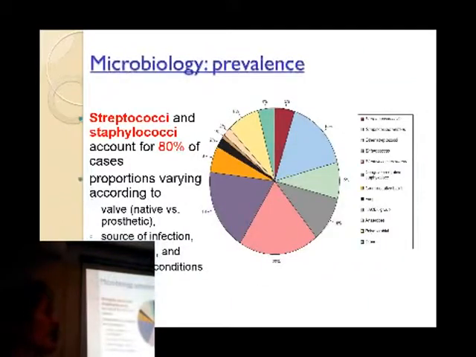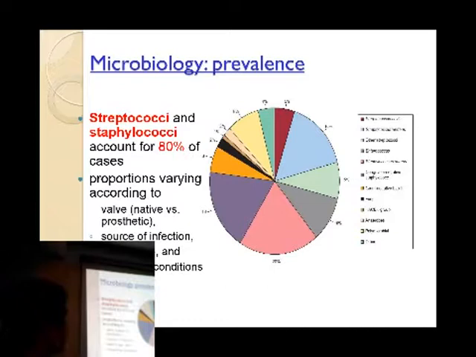Now let's look at microbiological prevalence. Overall, of the organisms which cause infective endocarditis, if you put together streptococci and staphylococci, that accounts for nearly 80% of cases.